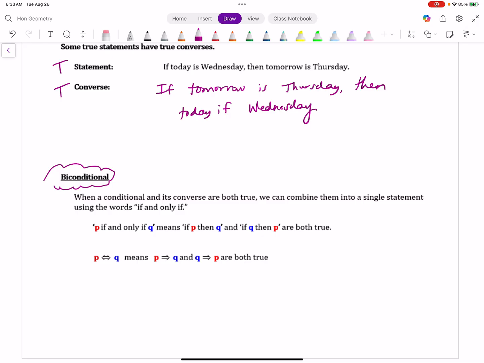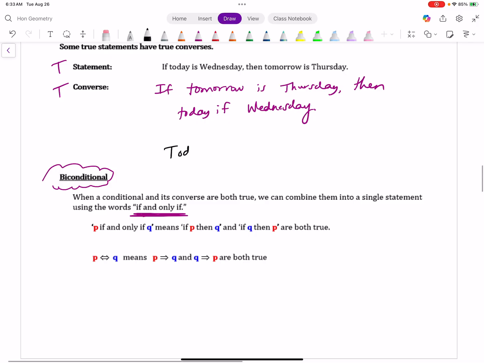So when a conditional and its converse are both true, we can combine these into a single statement using the words if and only if. So since it's true both ways, like up here, we could just say today is Wednesday if and only if tomorrow is Thursday.